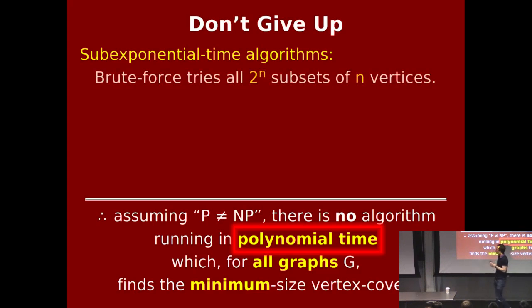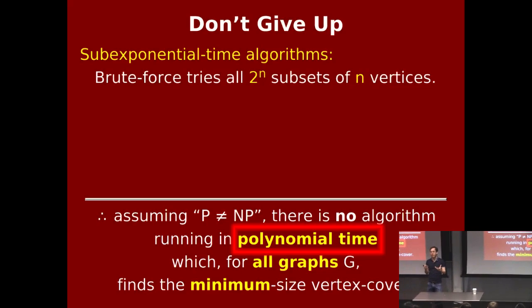The naive brute force algorithm for vertex cover: you could just try all possible subsets of the vertices, of which there are 2 to the n, and just see if each one is a vertex cover. That's a polynomial time check. And then pick out the smallest one. So that's the ultimate brute force algorithm, takes 2 to the n time, and that's not very good. If n is maybe 20, it's okay, but if n is 100, it's not okay.